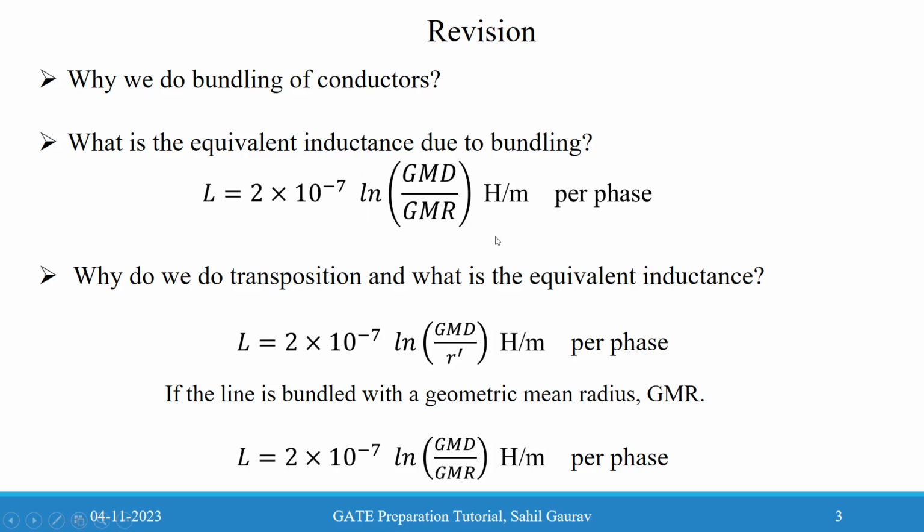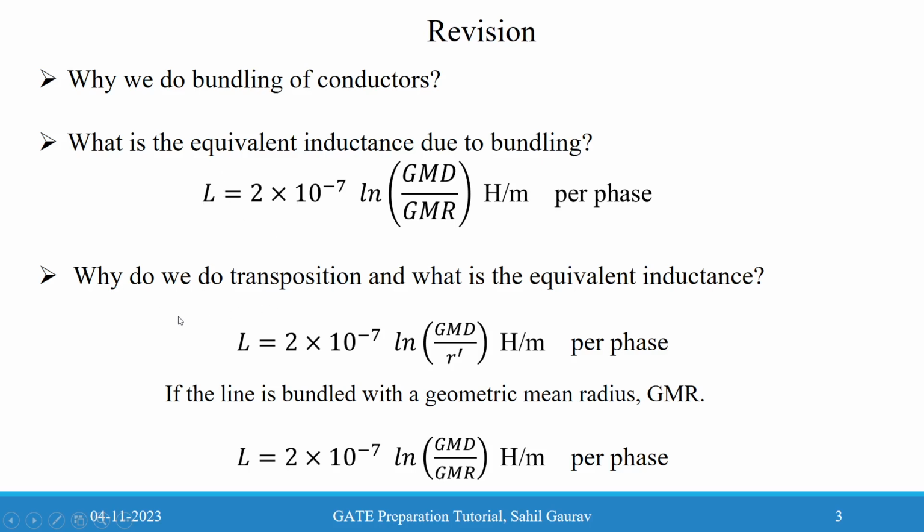If you want to find the equivalent inductance due to bundling, in the place of r dash you have to replace it by GMR. So you have to find the GMR of the conductor first, then you can use the same expression as the previous one.